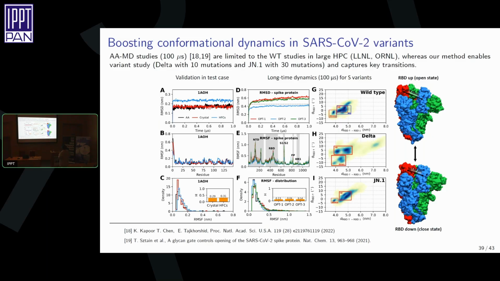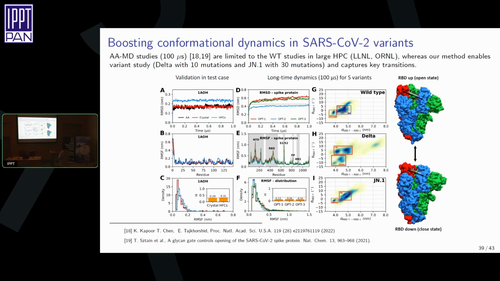We measure this distance and the angular position with respect to the axis. So the simulation stays in this area. This is a coarse-grained profile. For the wild type, we enhance the space by having extended open states, as well as transitions to the down state.